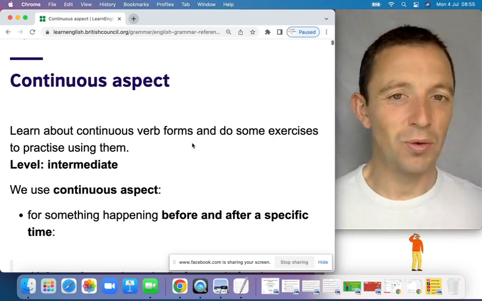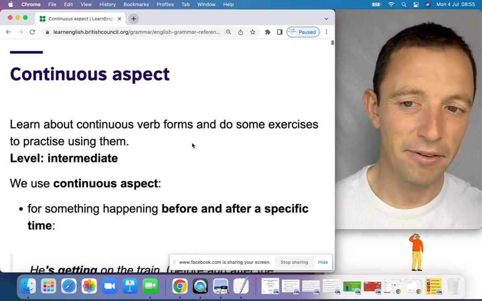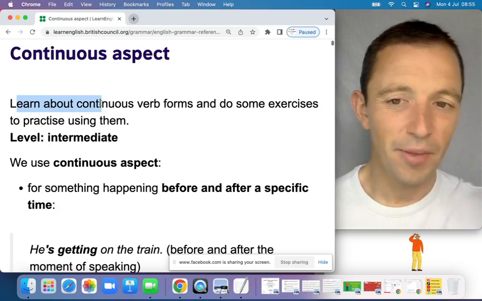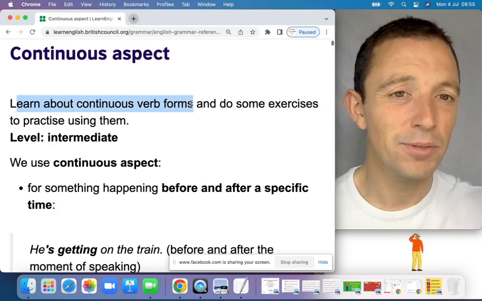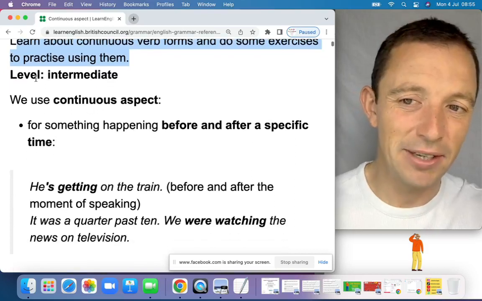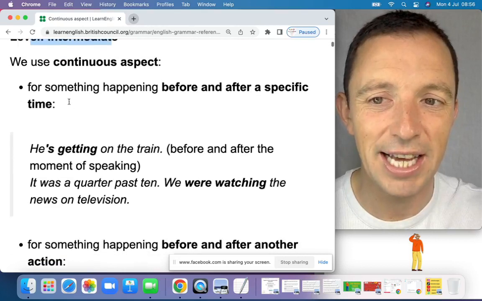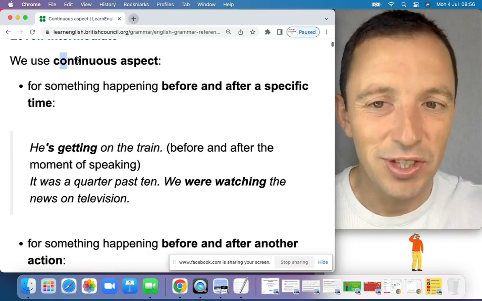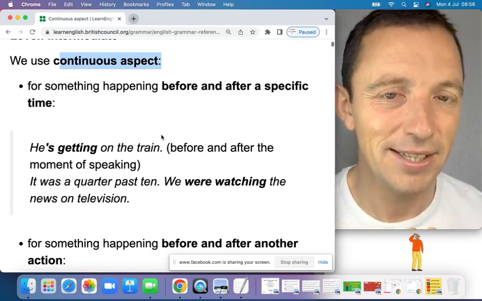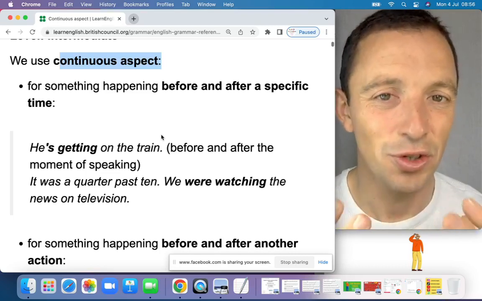So let's continue with this lesson and let me explain the theory first. Learn about continuous verb forms and do some exercises to practice them. Level intermediate. So we begin with level intermediate, and using the continuous aspect, this is basically the same as the present continuous.